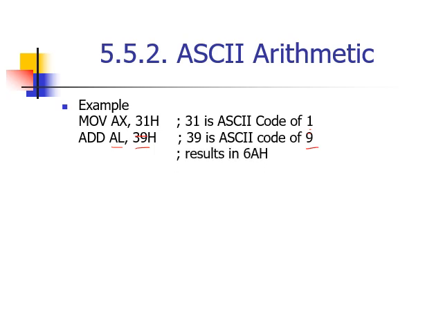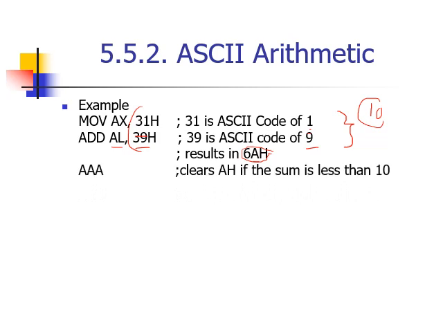The result, your processor will give 1 plus 9 is 10, which is A. 3 plus 3, this is your result. But we know that the decimal addition should result in a 10. So we have to adjust, ASCII adjust for addition.